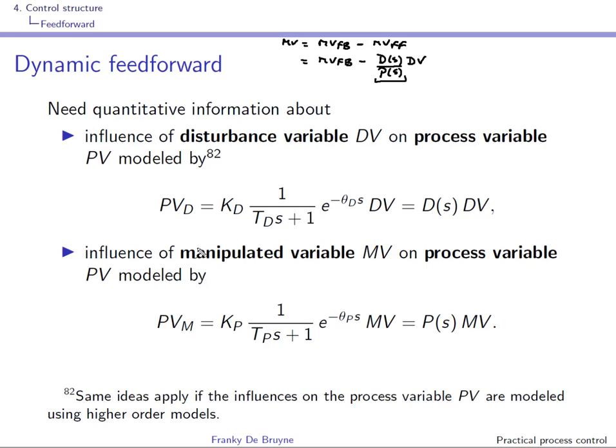Well, if we write this D of S divided by P of S in this particular case, what we'll have here is KD divided by KP, so this will be the feed-forward gain, right? If we divide this one by this one, what we'll have is TPS plus 1 over TDS plus 1, and this is a lead lag system, right?